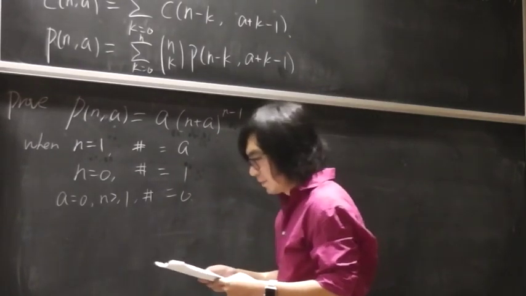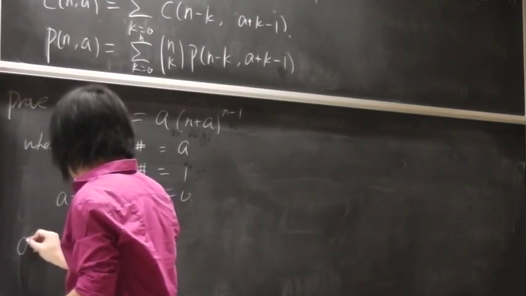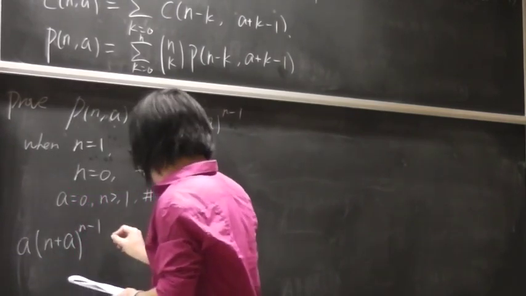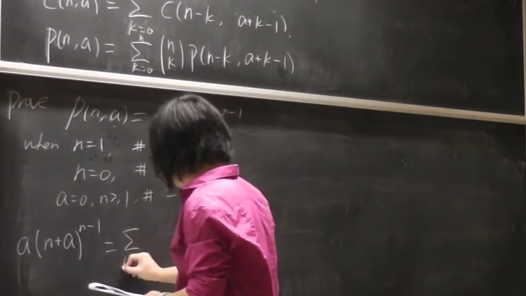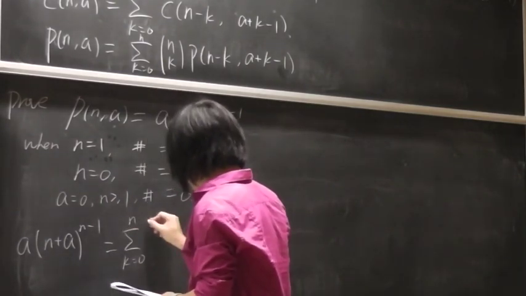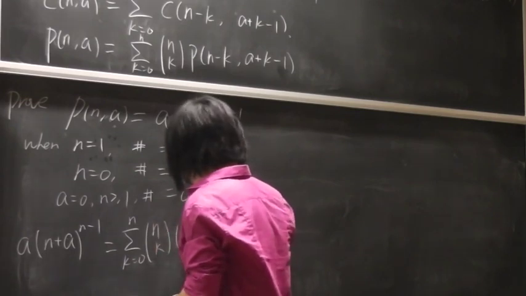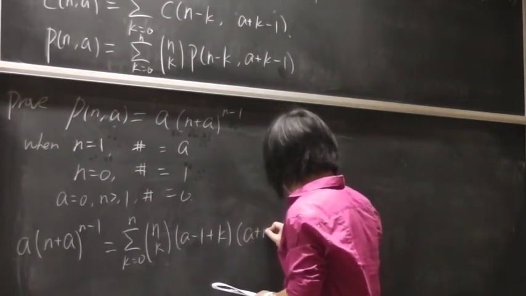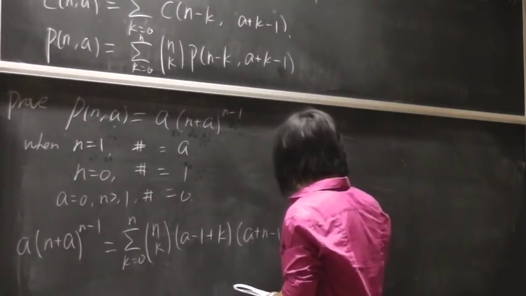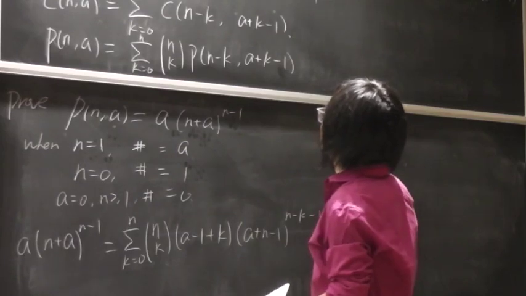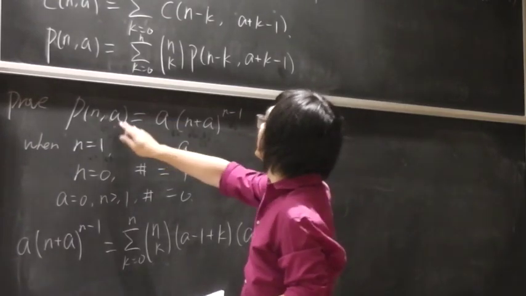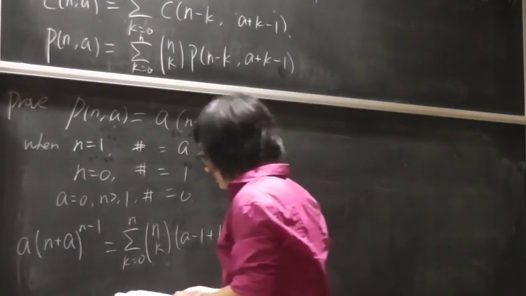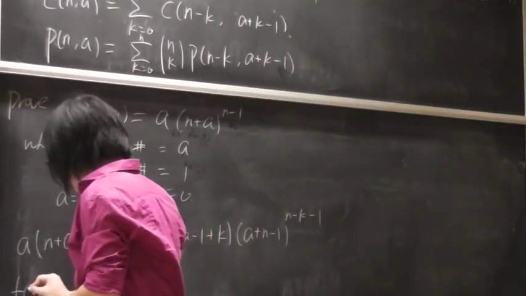And then by induction, we just need to prove this identity. So we just plug in the formula for P(n,a) into the recurrence relation. And then let's define a function.